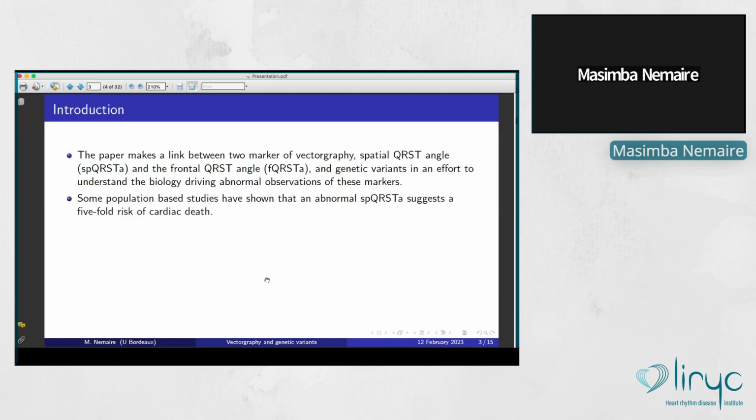What's very interesting is that some studies have shown that if the spatial QRST angle is abnormal, it suggests a 5-fold risk of cardiac disease or cardiac death. In the paper, they mention that there is no other marker on the planet that's better than this. I don't know if that's true, but if it is, that's very interesting.